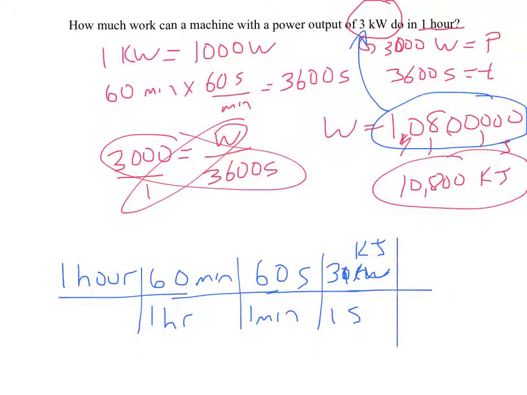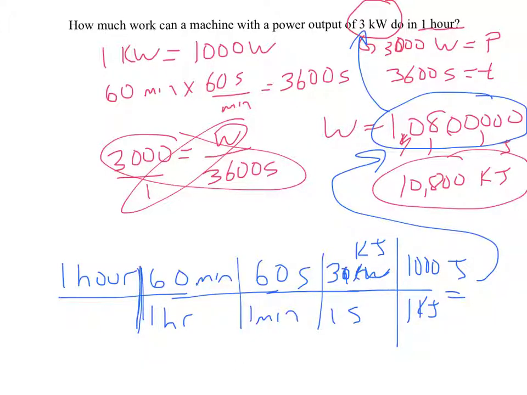That's the kilowatts. We know there's 1 kilojoule, there's 1,000 joules. And then you can plug in and do all this, and you will also get the same answer. This is the more, I guess, elegant way to do it, but either way would be sufficient. So that's it. Use whatever method you feel most comfortable with.